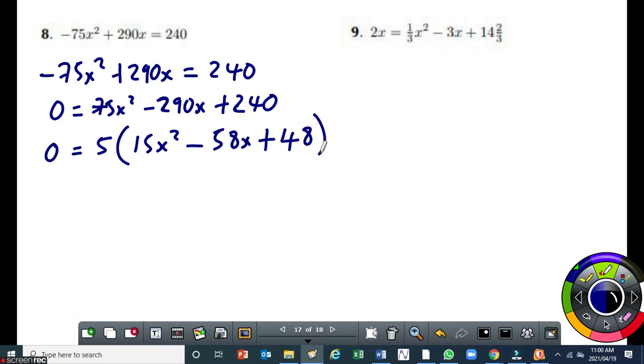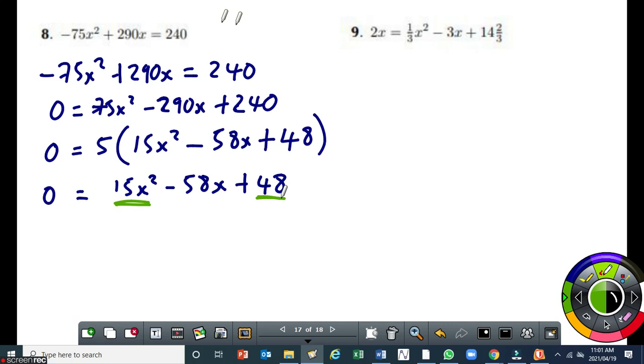Alright? Like that. So I can end up having the quadratic equation is 0 equal to 15x squared minus 58x plus 48. Which means I can identify my coefficient here and my constant term.